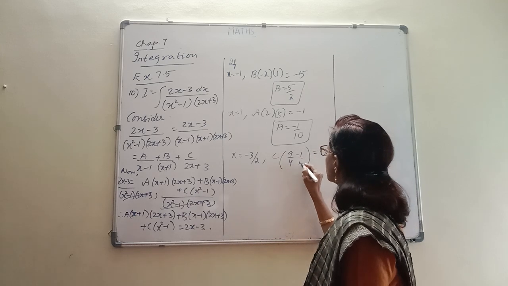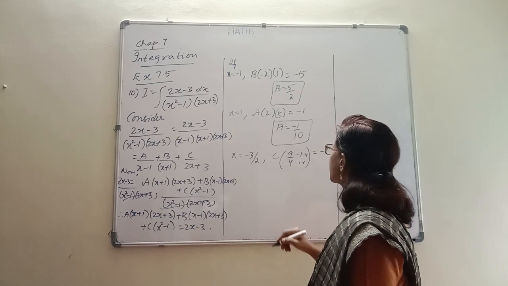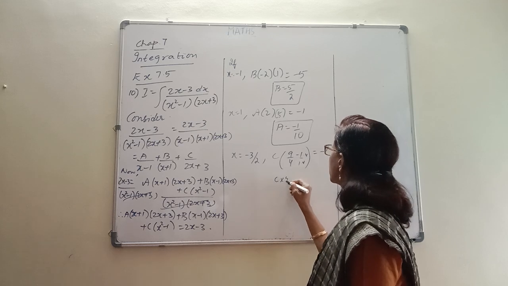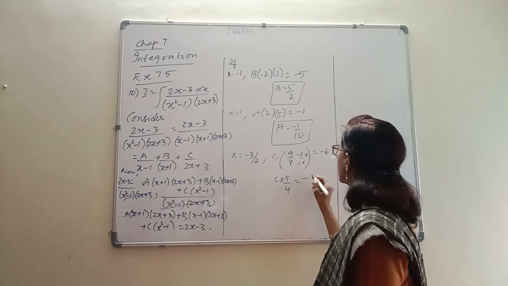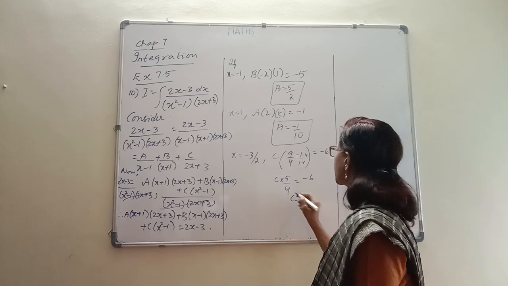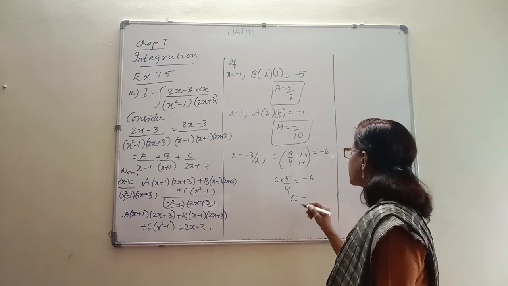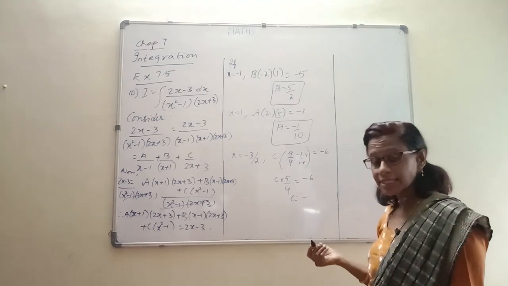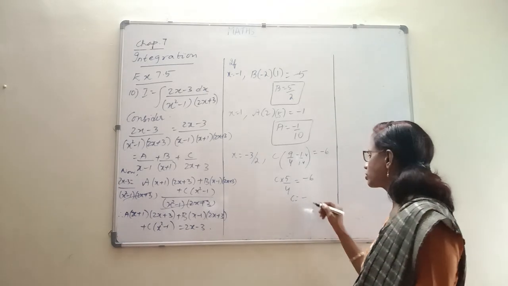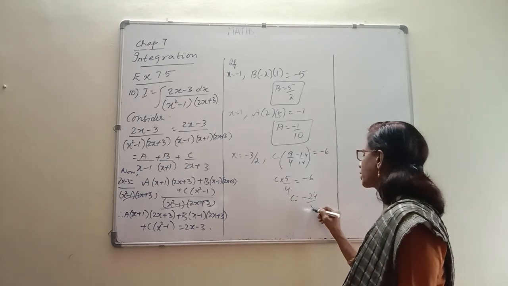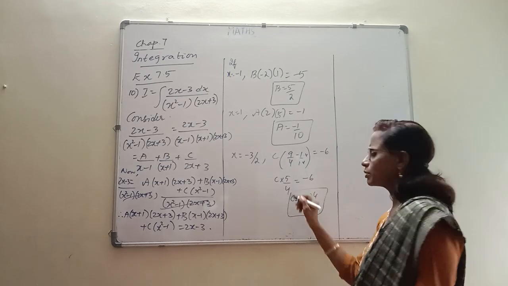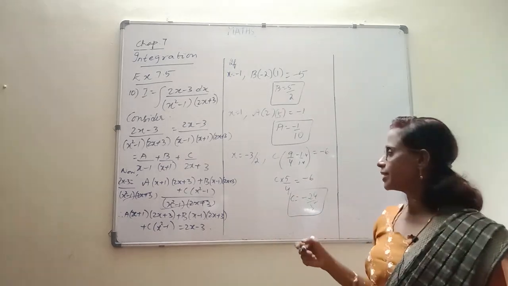If we equalize, 9 minus 4 over 4 is 5 over 4, and negative 6 here. If you take this to the other side, it will become negative 6 times 4 over 5, so negative 24 over 5. This is a bit of a Herculean task. Once this is done, it's very easy.